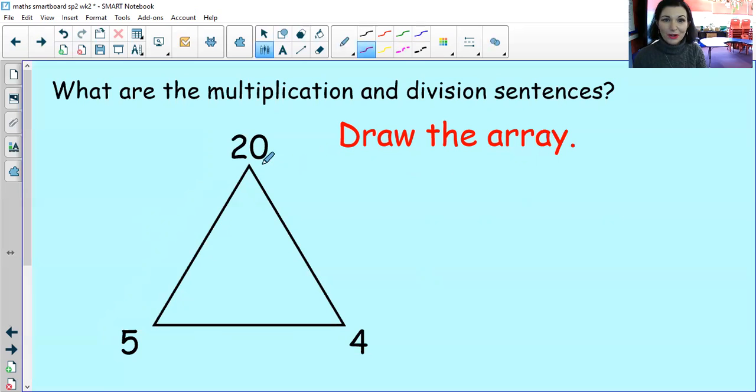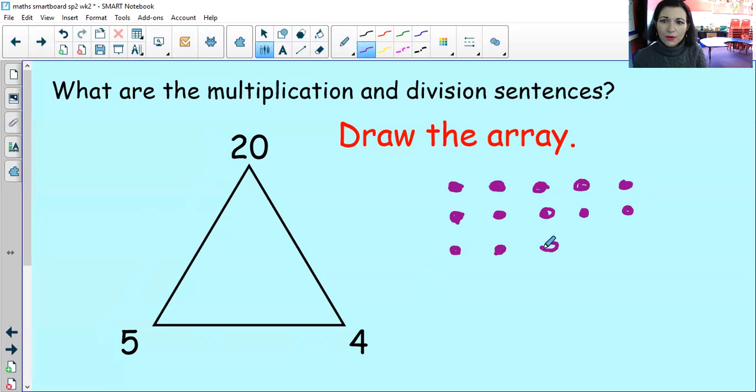Okay, let's see how you got on. So I think the first thing I'm going to do is I'm going to draw my array. So I'm going to do 4 groups of 5 this way round, I think. So 1, 2, 3, 4, 5. 1, 2, 3, 4, 5.